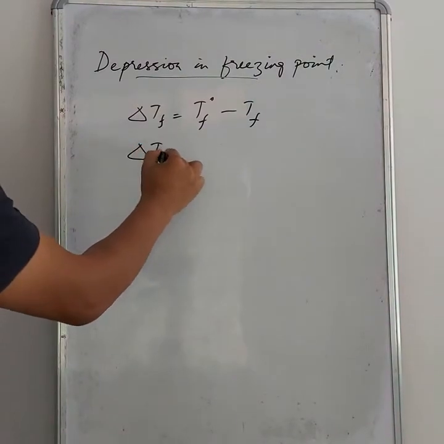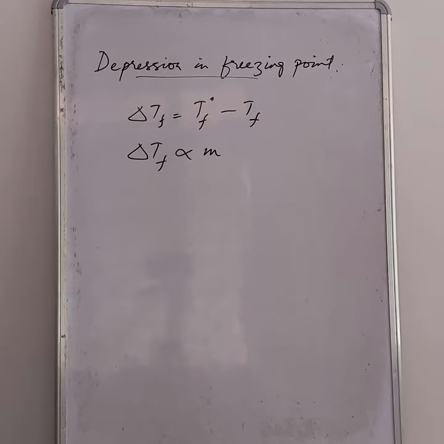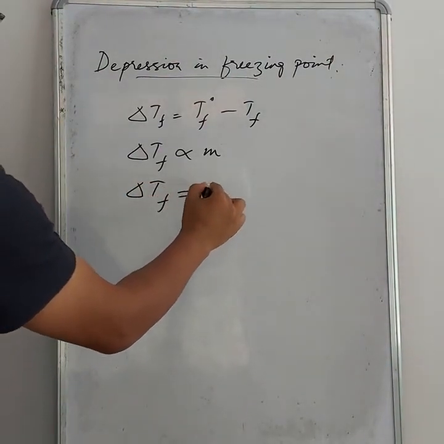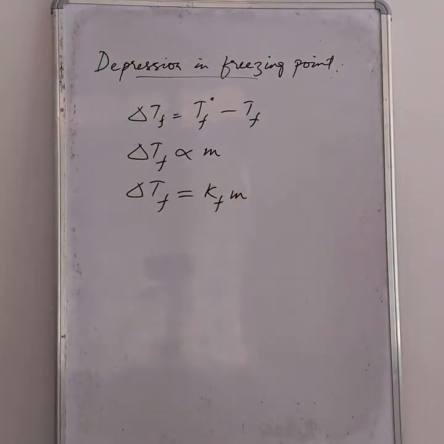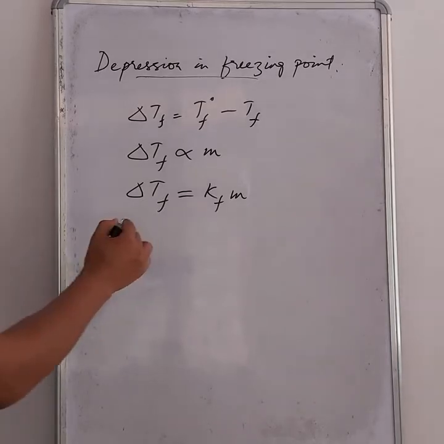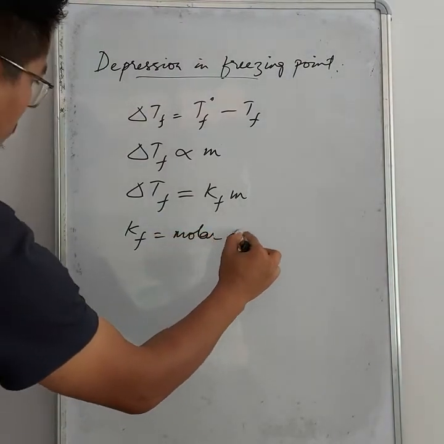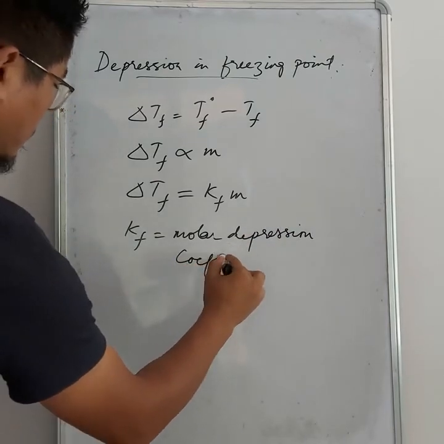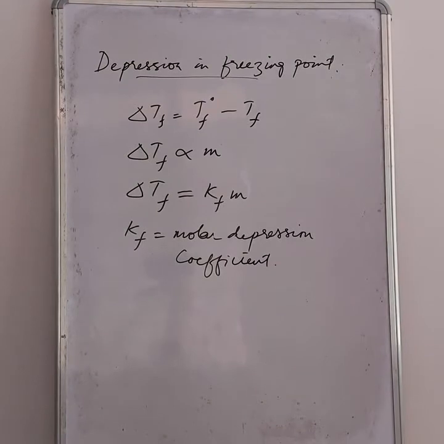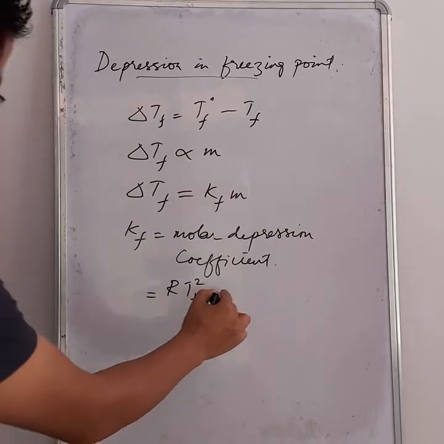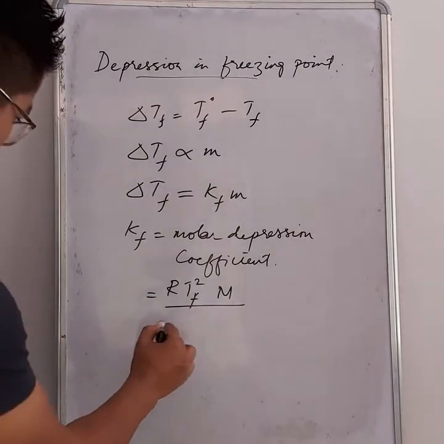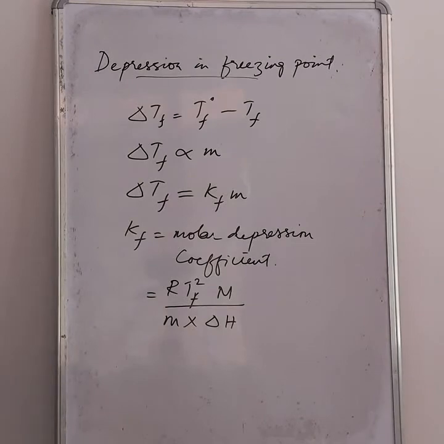And this is directly proportional to molality, and it's related to molality by the coefficient Kf, our molal depression constant. Similar to the boiling constant, it's also equal to R Tf squared into the molar mass over the molality into change in enthalpy of fusion.